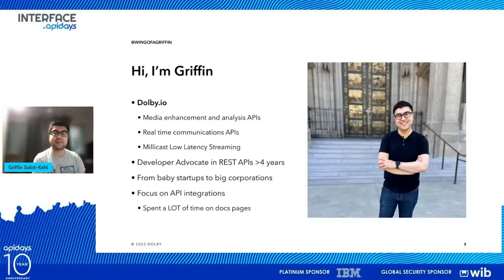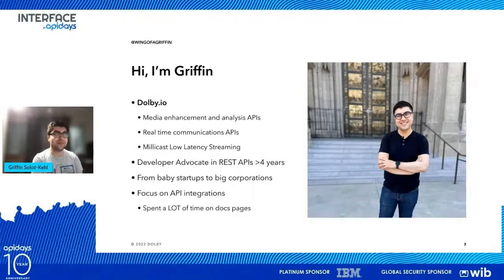So we have three separate products that all functionally have different API specifications, and I help be an advocate for the external developer and work together to try to make these as usable, as intuitive, and as fun to use as possible.